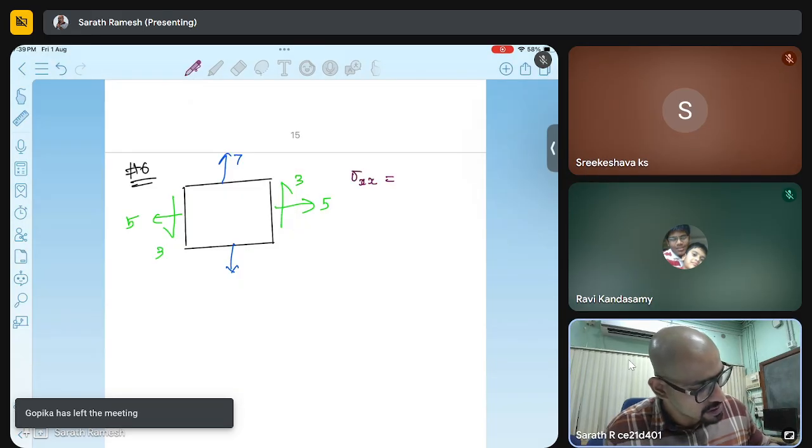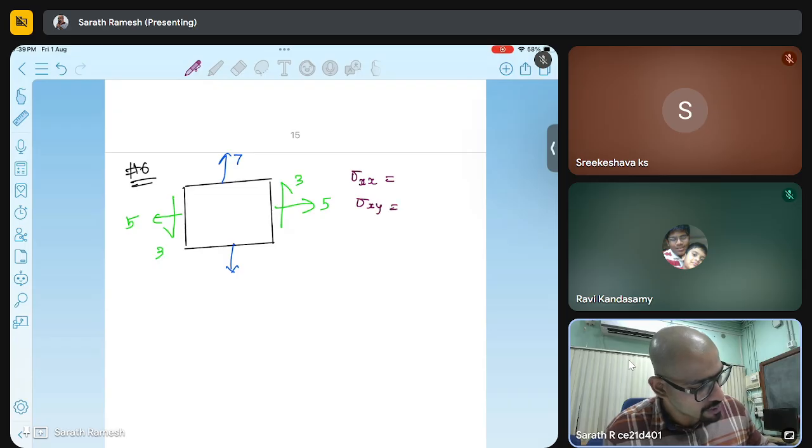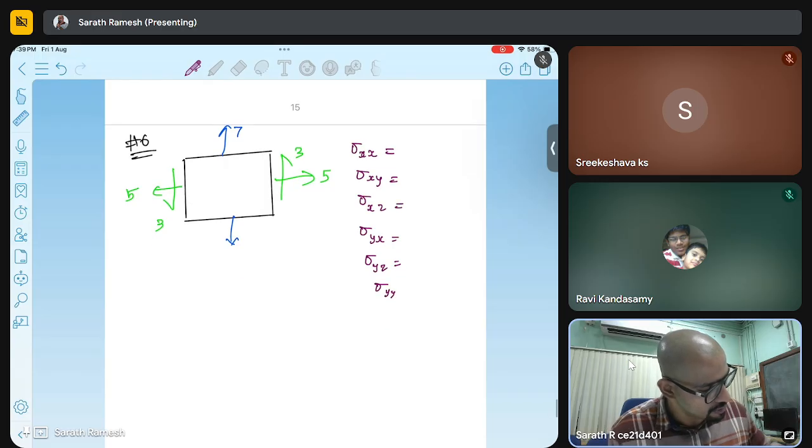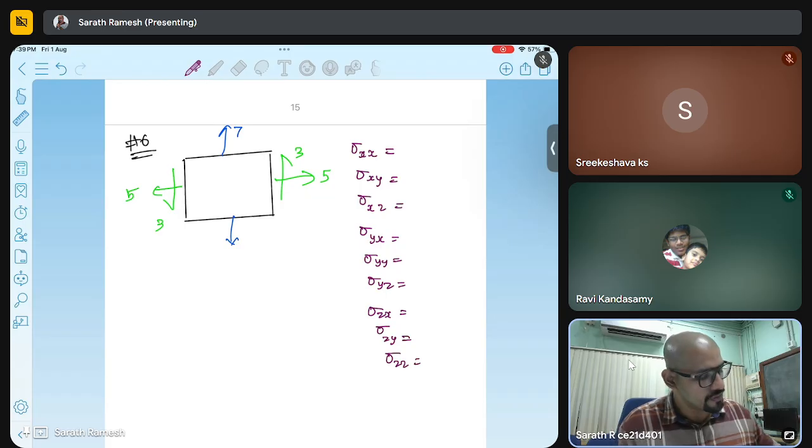Sigma xx, sigma xy, sigma xz, sigma yx, sigma yz... no, let's go in order: sigma yy, sigma yz, sigma zx, sigma zy, sigma zz. So first, what is sigma xx in this problem?